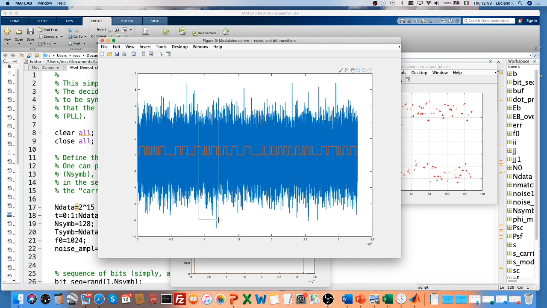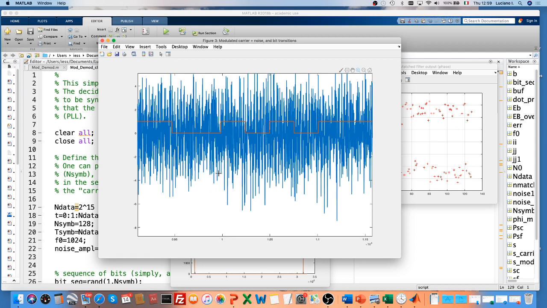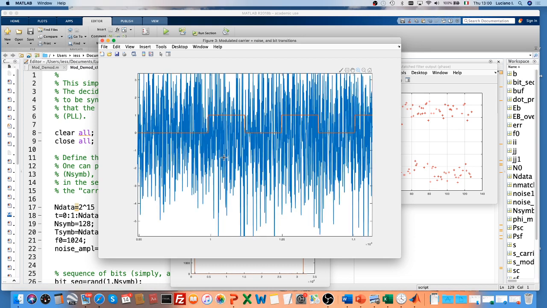Here, for example, there is a number of them. And here we have the bit transitions. But given the fact that you have a noise which is twice the signal, you don't see by eye the bit transition.